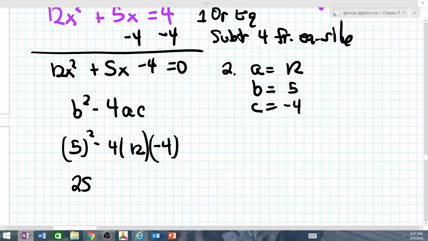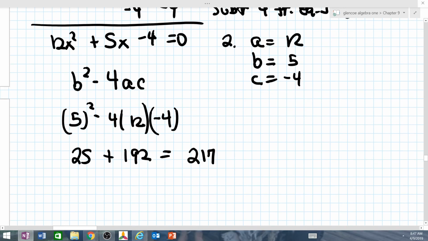4 times 12 is 48. So it's a negative 48 times a negative 4 would be a positive what? 192. So now we're going to add those two numbers together. What's 25 and 192 give you? 217. So the value of the discriminant is 217.